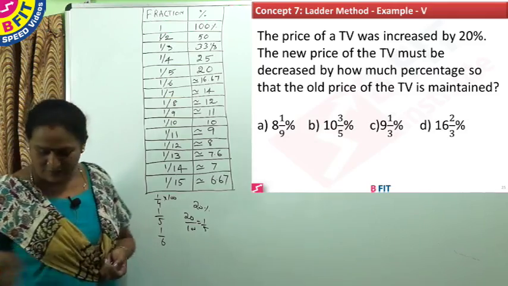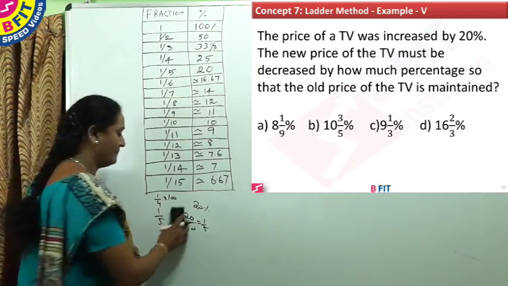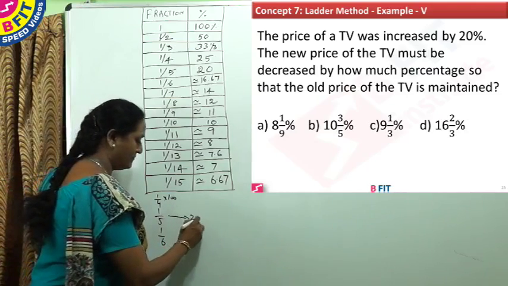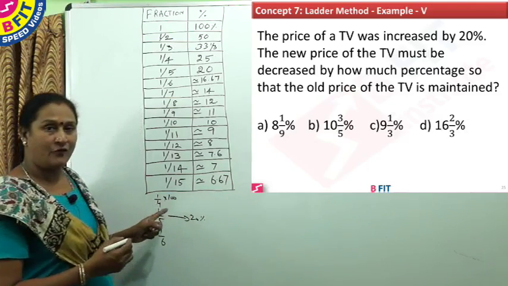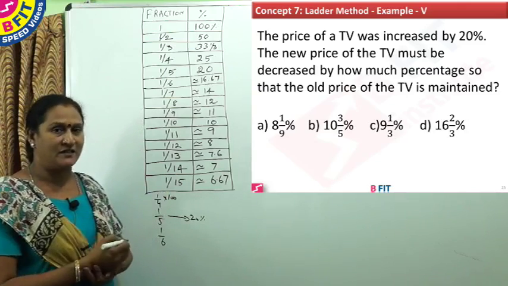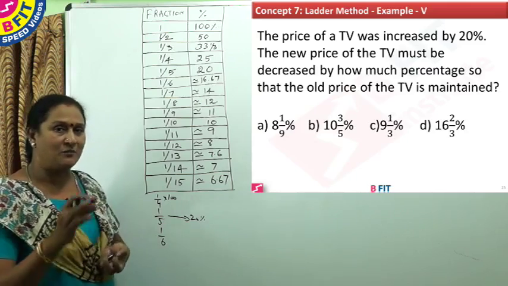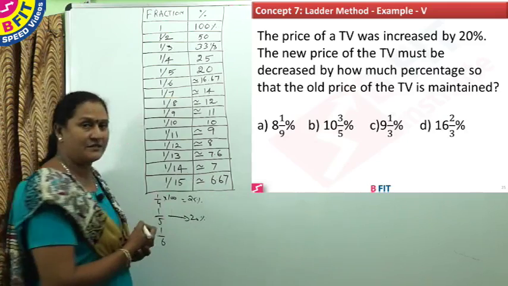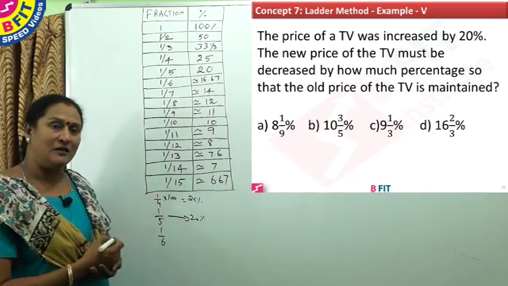And now to find the percentage, 1 by 4 multiplied by 100, we get the percentage. We saw earlier how to find the percentage for a fraction just by multiplying it by 100. So we get 25%. And for 1 by 6, what will be the percentage?